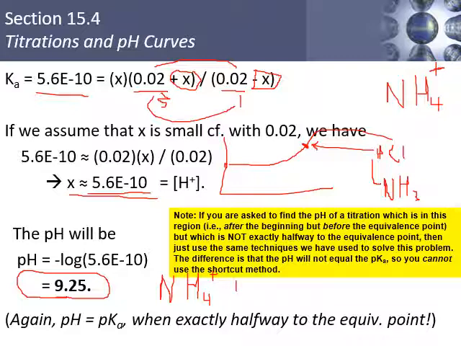It's always plus water. Double-headed arrow. And then this H plus will go under the water and make H3O plus.